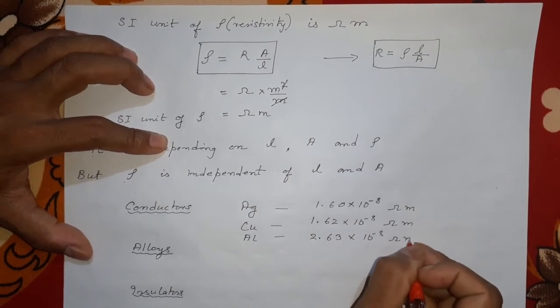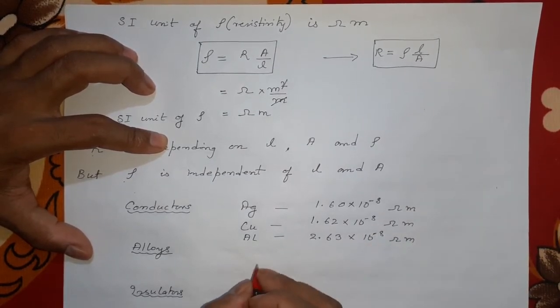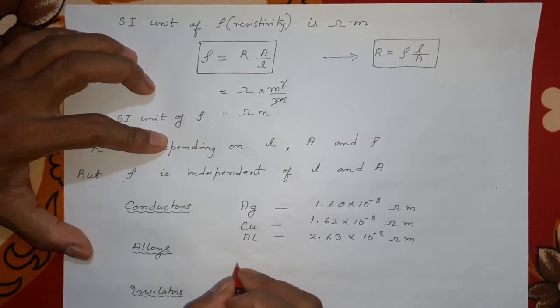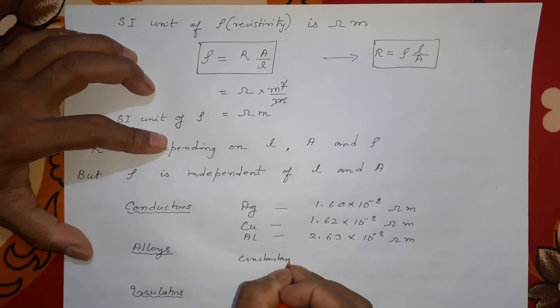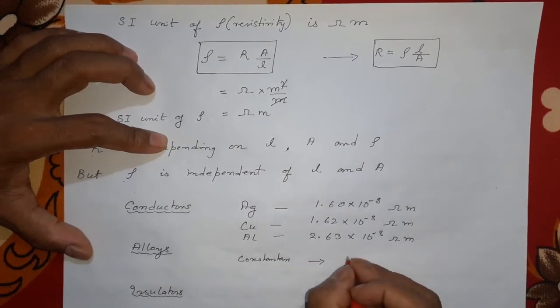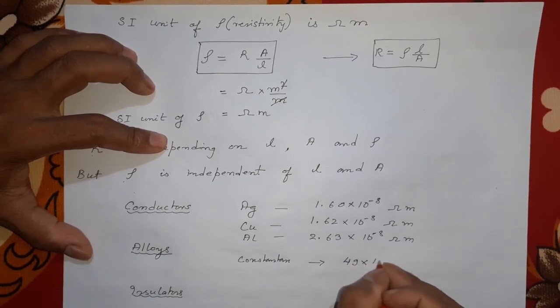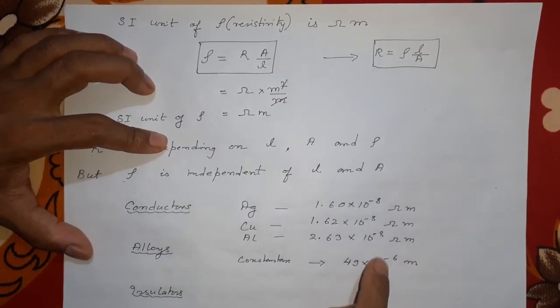Look at them, they are very less, 10 to the power minus. Now alloys are also there, like Constantan, made up of copper and nickel. These have 49 into 10 to the power minus 6, slightly more than this, but still very less.